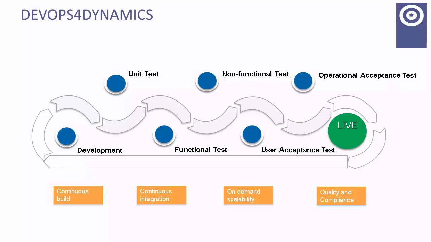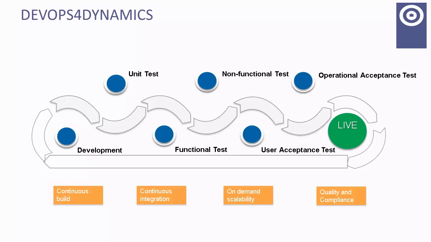So how does DevOps4Dynamics help? We started it as an initiative to use the three different components provided by Microsoft: Azure, the Visual Studio tooling, as well as Dynamics. Now, how are we integrating the three? We're using the Visual Studio tooling as source control and as a build agent.